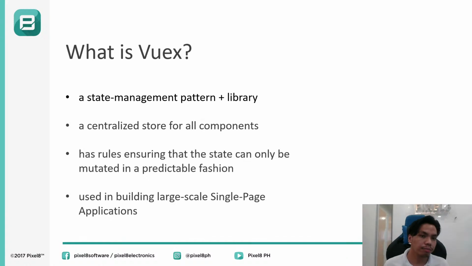Aside from that, Vuex also has rules ensuring that the state, which is the values, can only be mutated in a predictable fashion. What do you mean by mutated? The values in the store, or the values stored by Vuex, can only be changed in a predictable fashion. No two components can modify the state at the same time. Vuex ensures that only one component at a time modifies the state.